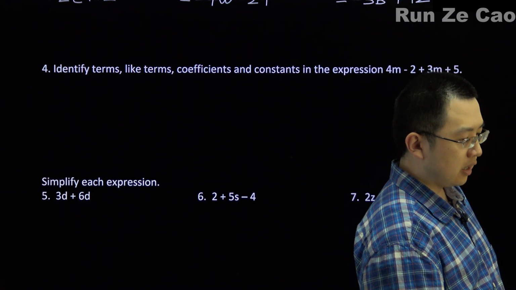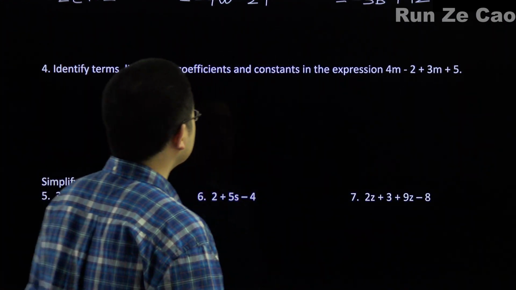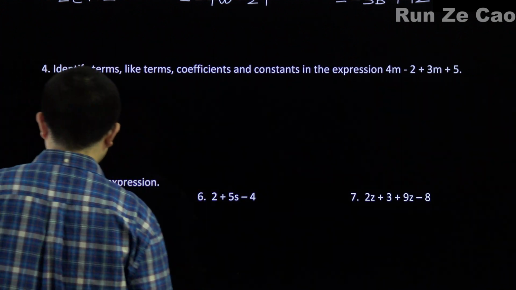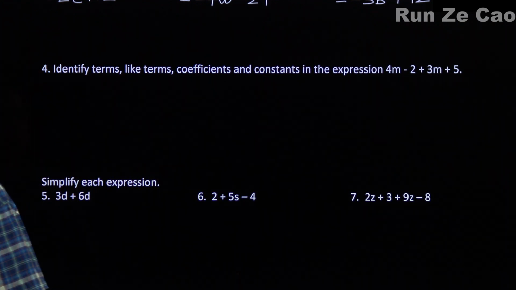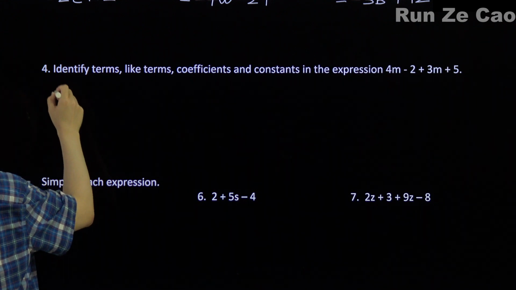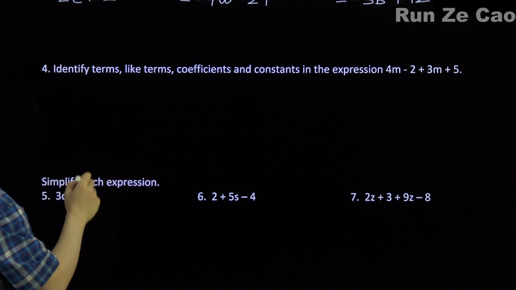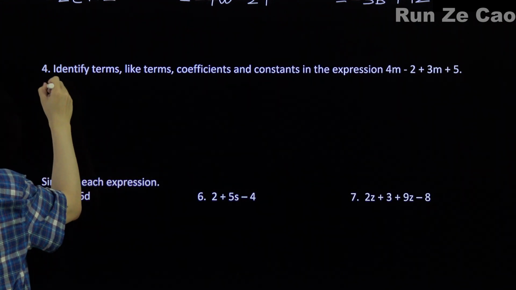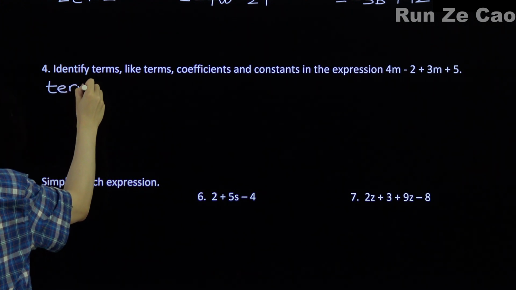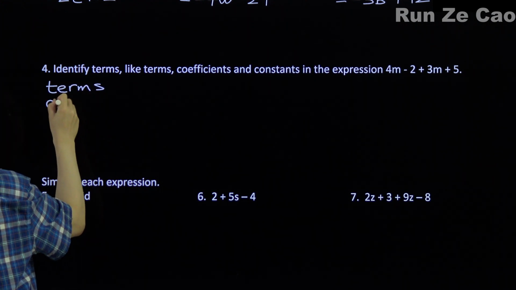Identify the terms, like terms, coefficients, and constants in the expression here. I, for one, like to go for terms and then coefficients and constants, because those, you can actually make it a table.